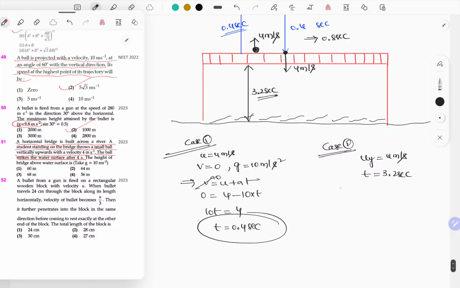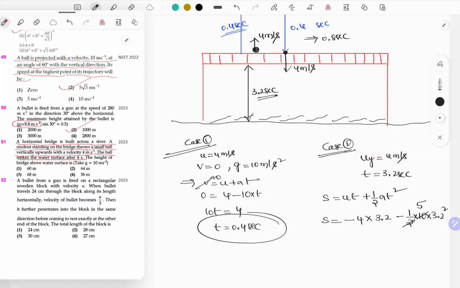Is it possible to find the displacement covered? S is equal to ut plus half at square. S is equal to initial velocity u, 4 meter per second. As the object is moving downward, I must consider it as negative. So it is minus 4 into time of travel 3.2, minus 1 by 2 into 10 into t square, which is 3.2 square.